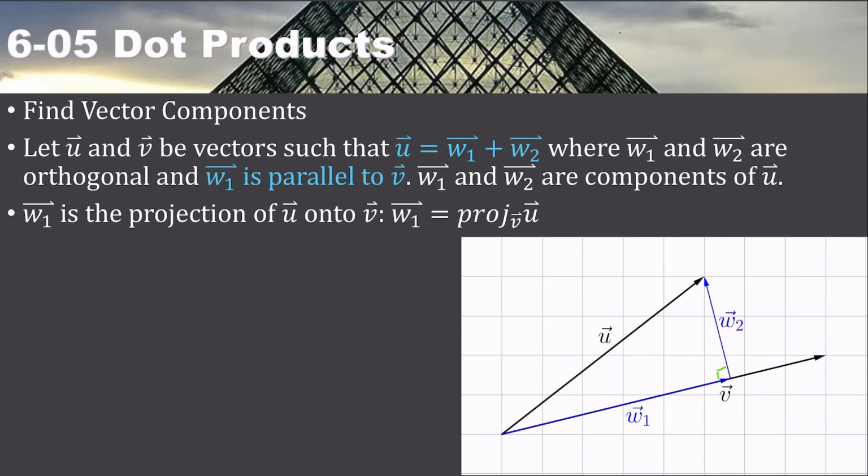W1 is the projection of u onto v. So if you'd like, W1 is the shadow of vector u onto vector v. If they had light up here, then W1 is the shadow cast by u. And so we write that W1 is the projection onto v of u.